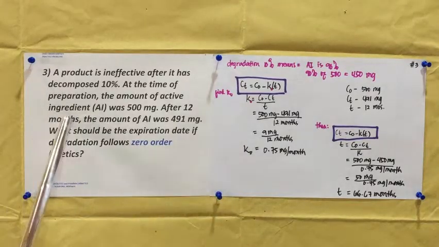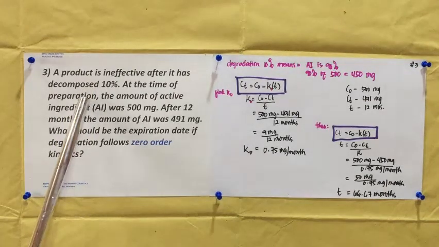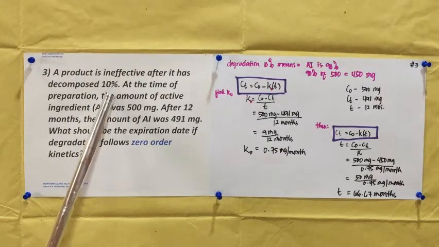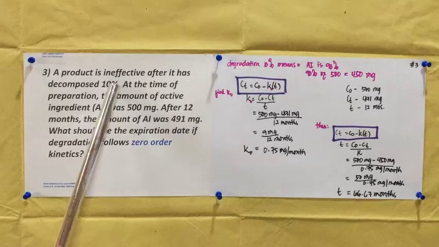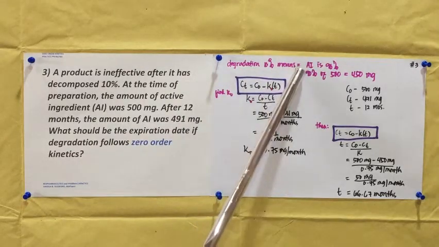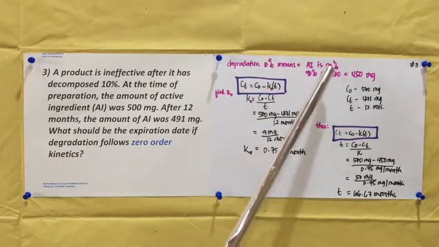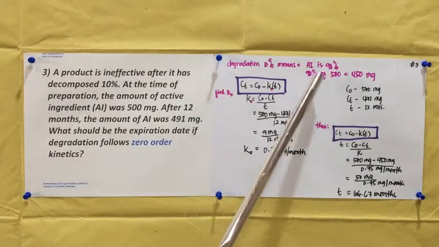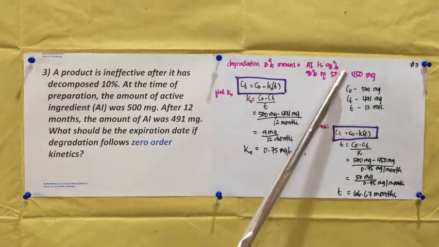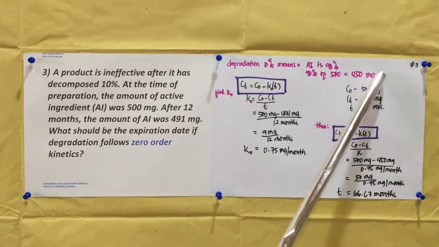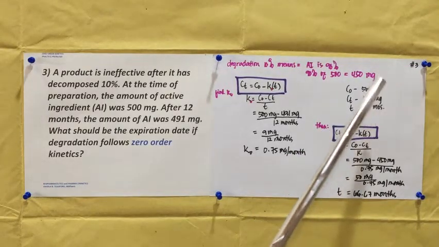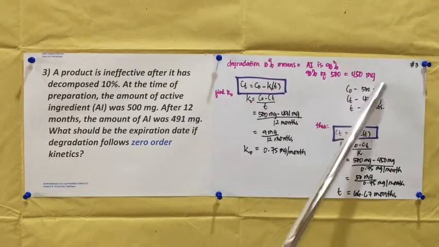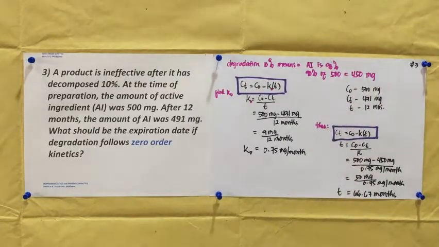Going back to the problem, sinasabi na nag-decompose na yung product by 10%. So, degradation of 10% means that the active ingredient is 90% na lang. So, 90% of 500 milligrams is equivalent to 450 milligrams. So, ito yung ating CT na, 450 milligrams.